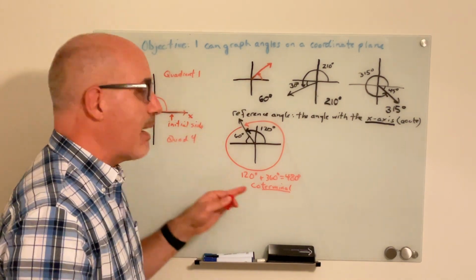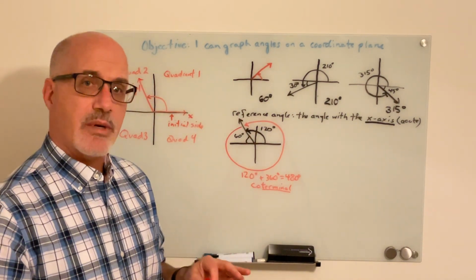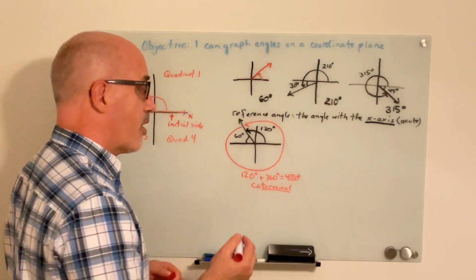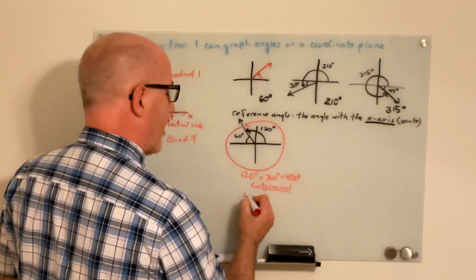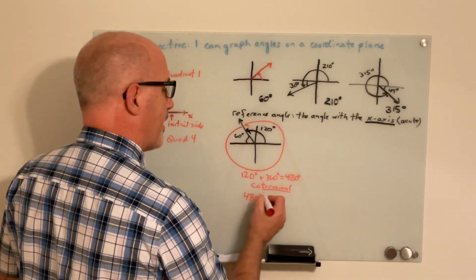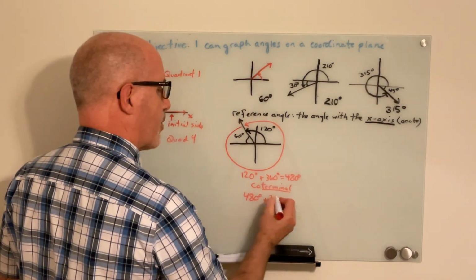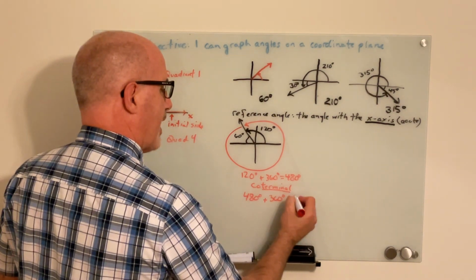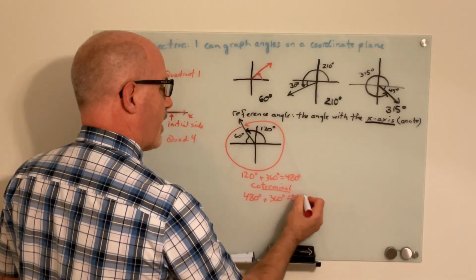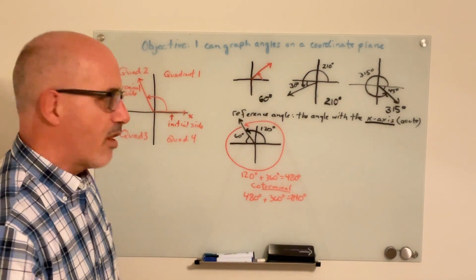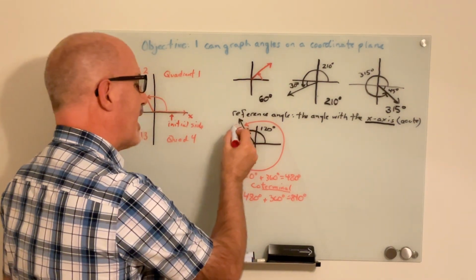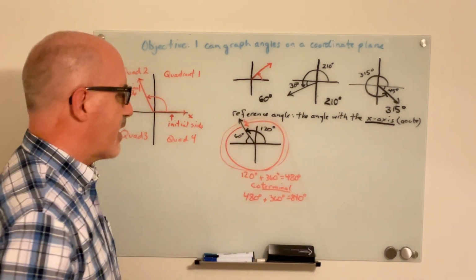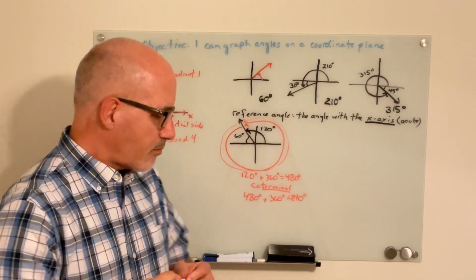You can keep adding other 360-degree angles onto it or subtracting 360 in order to get coterminal angles. So if I added another 360, that would have been like adding 720 onto the original. So when I add that, I'm going to get 840 as a coterminal angle. It will end in the same spot because I add another 360 on to that 480.